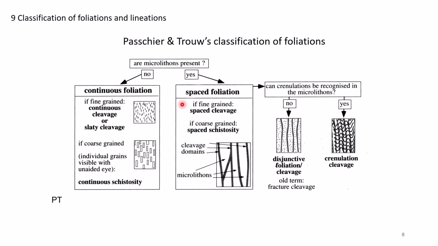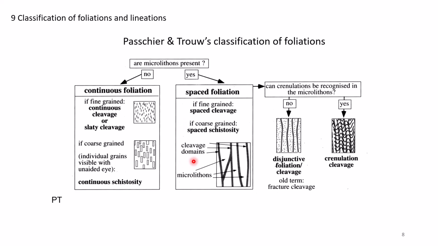In spaced foliations, the distinction between spaced cleavage and spaced schistosity follows the same rule. Spaced foliations in fine-grained rocks will be referred to as spaced cleavage. If the rocks are coarser grained, so we are talking about half millimeter or millimeter size and beyond, the spaced foliation would be a spaced schistosity.